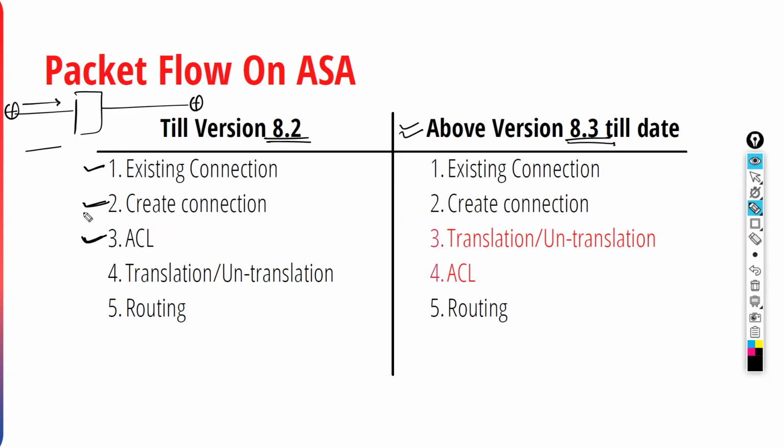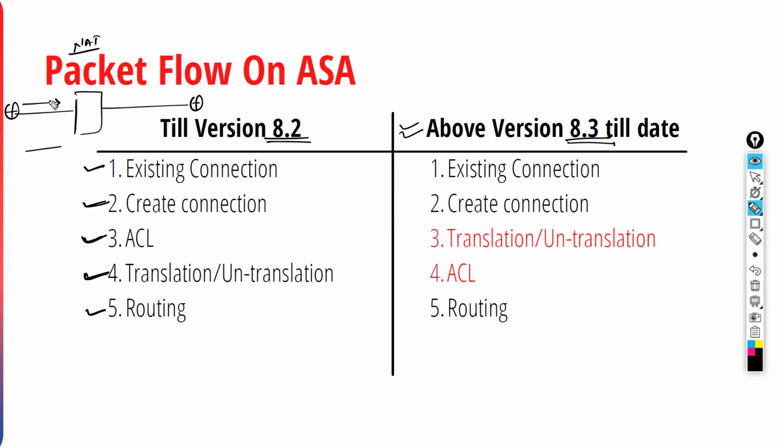Then after, if it is permitted, ASA will check translation, that when it is going out, is there any NAT done? Translation or untranslation has to be done. So ASA will do the translation or untranslation, and then according to the routing table information, based on the destination IP address, ASA will perform the forwarding. This was the packet flow.